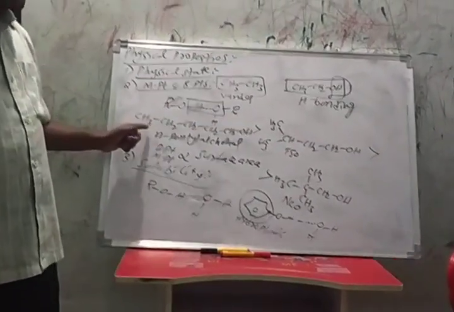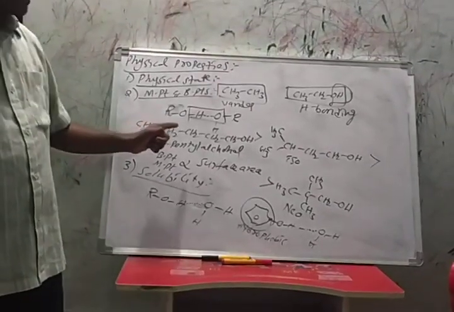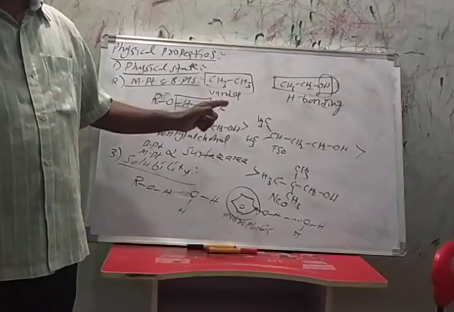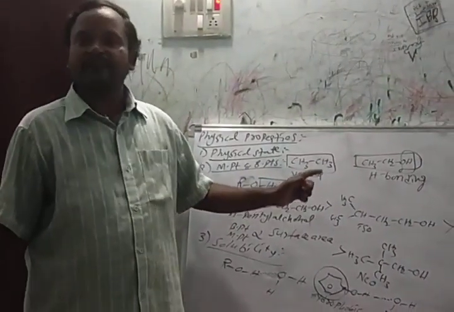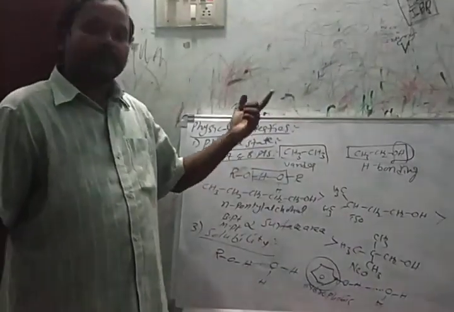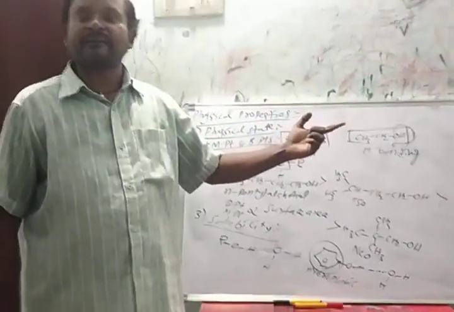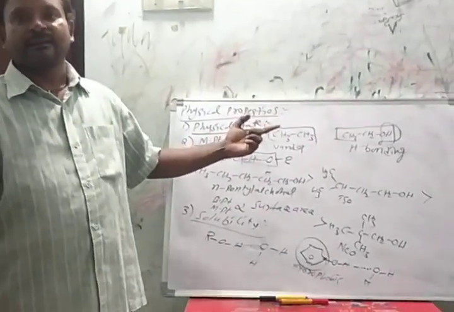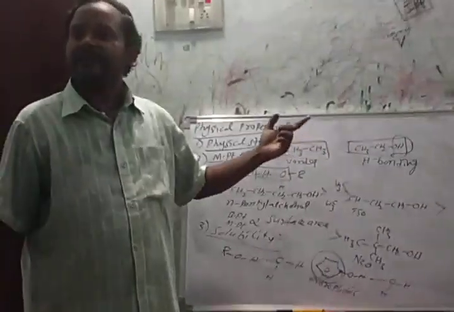By increasing the number of carbons in a chain, van der Waals forces of attraction increase. That means the strength of hydrogen bonding increases, so solubility increases.